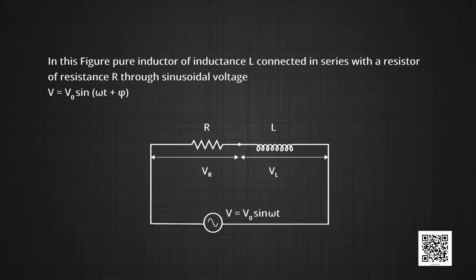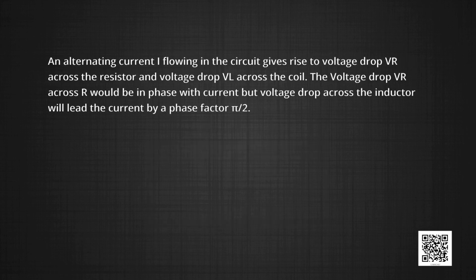Look at this figure: a pure inductor of inductance L connected in series with a resistor of resistance R through a sinusoidal voltage source V = V0 sin(ωt + φ). An alternating current flowing in the circuit gives rise to the voltage drop VR across the resistor and the voltage drop VL across the coil.